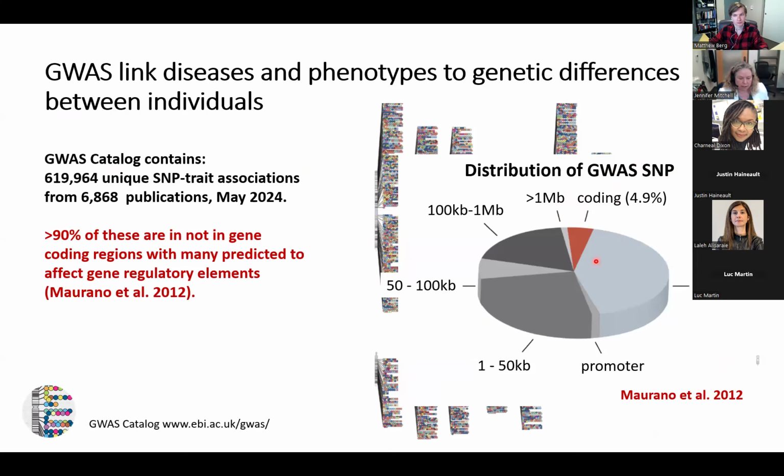This is telling us that from these 600,000 disease associations, a very large number of them are likely to function through modulating the gene regulatory sequences rather than having changes associated with the gene itself.